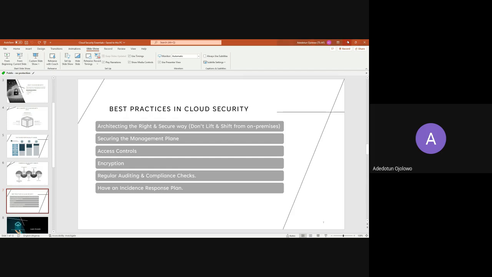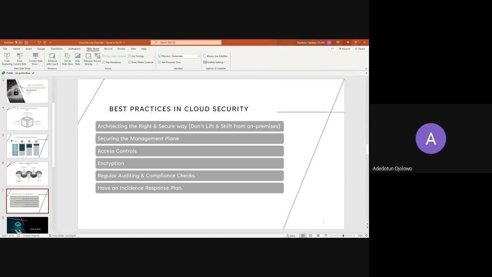Also, access controls. We spoke briefly about that in the third slide. Access control is really important to implementing least privilege, ensuring that people don't have more privileges than they should have. And even in scenarios whereby you want people to have additional privileges, you can utilize roles where someone can just assume a role and use the service that they want, and once they are done, they can log out of that role.